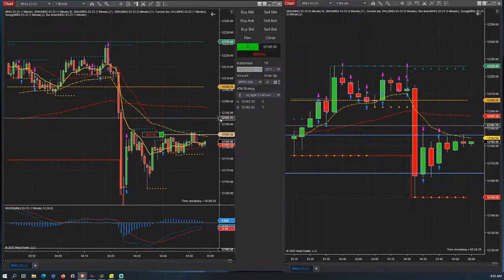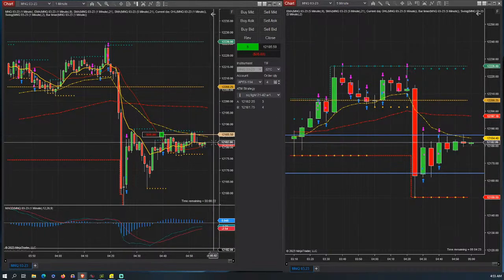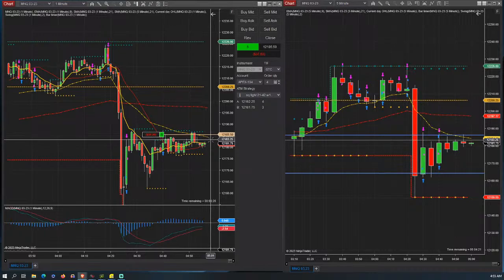And we're approaching 5 o'clock. I think some volume's going to kick in, right? I don't know which way it's going to go though. That 10 o'clock London session.